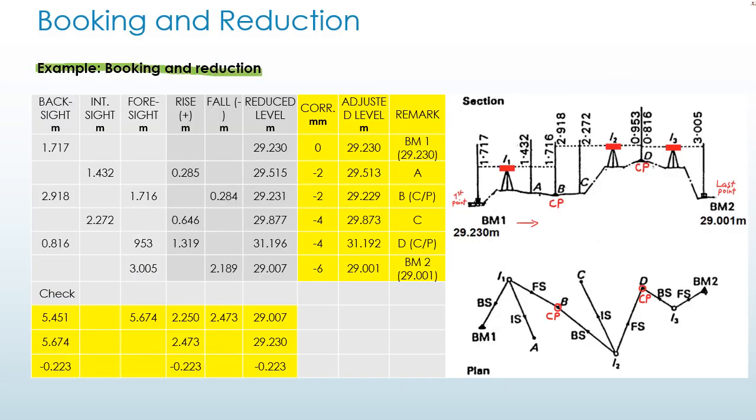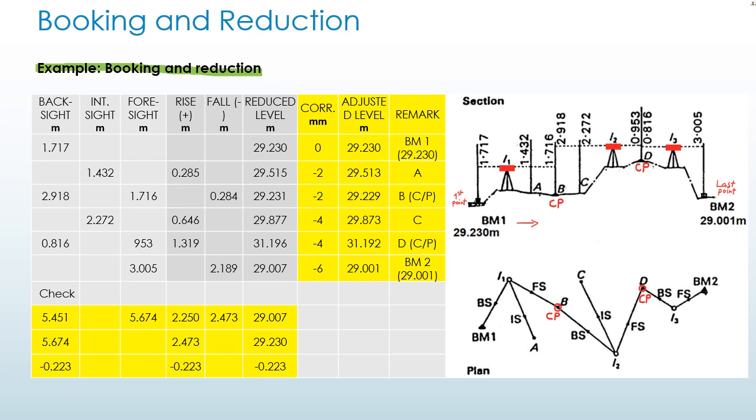Finally, you complete the booking and deduction to calculate the reduced levels of every point of this leveling run, and you made the correction to allow for the misclose error, and you distribute the errors here evenly for each setup.